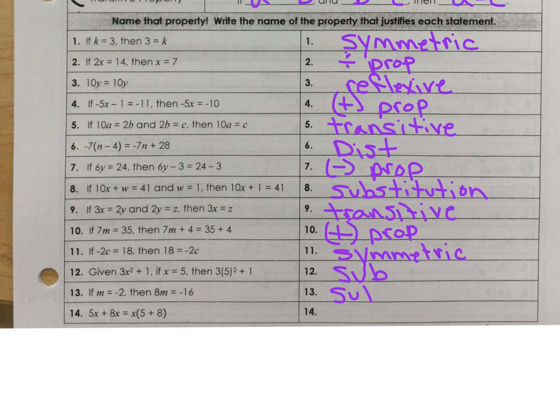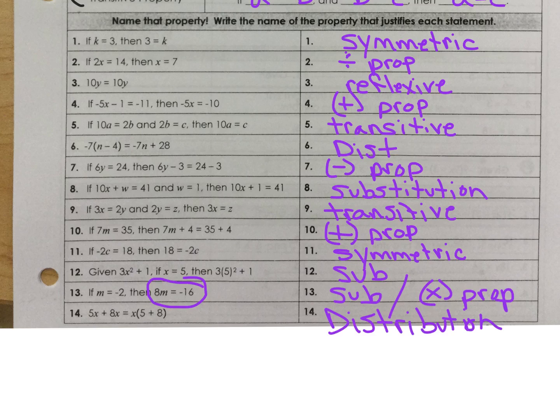Now this one is a little different. How did we get AM equals 16? Well, we multiplied, right? So you could say substitution or multiplication property. I think either one of those would fit there. And then, of course, this is distributive. If you got any questions about these, I want you to ask me. Make sure you ask me in class tomorrow.